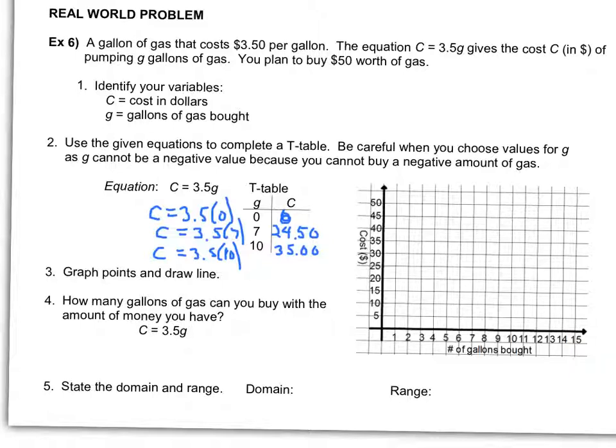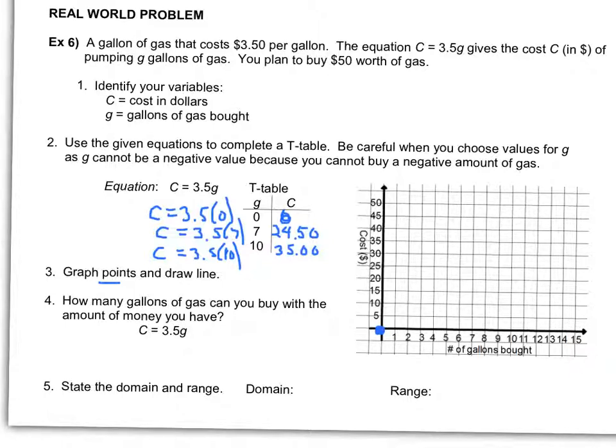Okay, so graph the points and draw a line is what it says. So we've kind of done this for you, but you're going to need to draw this on your paper. And it says graph those points. So the first point is (0, 0). And then the second point is (7, 24.50).